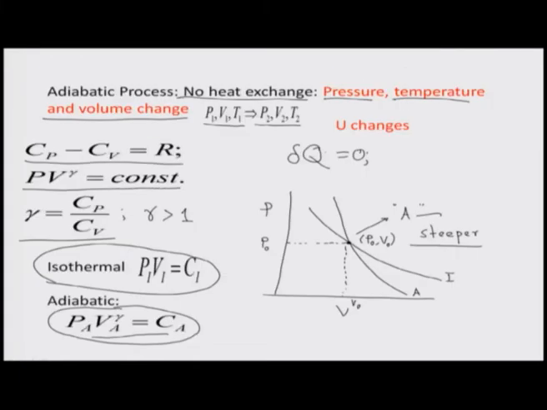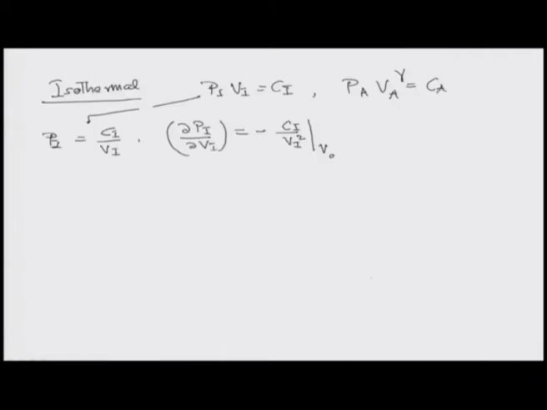Let us go to the previous slide, this point of intersection. I am calculating the slope here. Okay? So, this quantity, now thanks to this equation, I can write Ci as Pi Vi, so minus Pi Vi by Vi square at the point V naught.